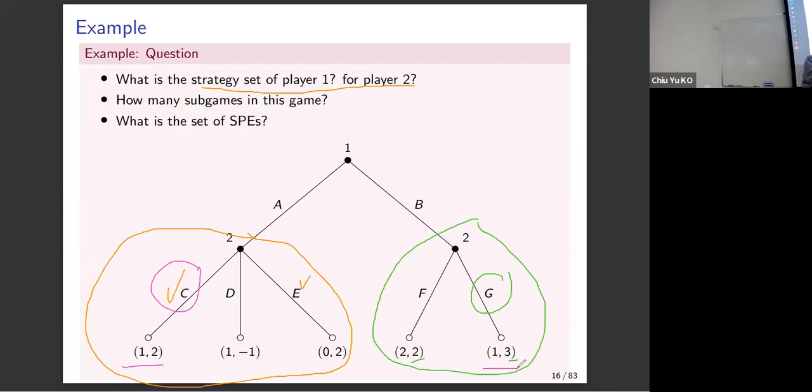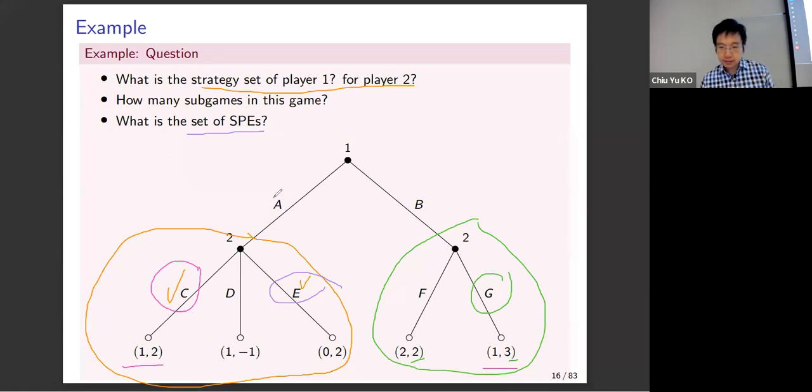And consider the case where E is being chosen. If E is being chosen, now player 1 is choosing between 0 or 1. Then we just pick 1. One equilibrium here. So let's write down what the equilibria are. Equilibrium is a set of strategies, so I have to be very careful.